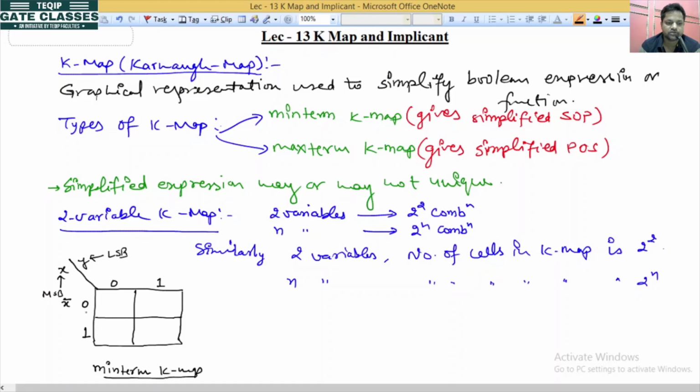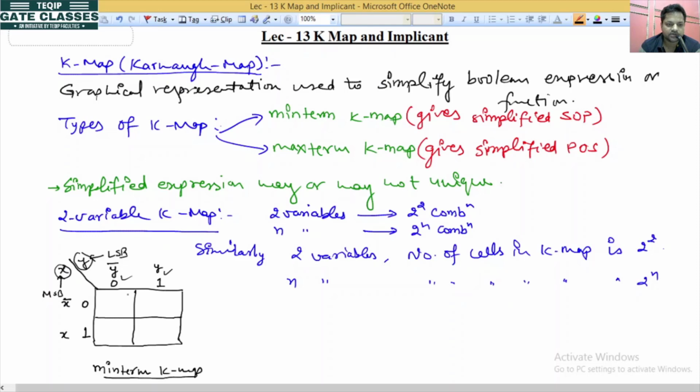These codes denote this variable only, and these codes denote this variable. In minterm, if the value of a variable is 0, then we represent it in complemented form. If it is 1, then we represent it in normal form. Similarly here also, so it will be y bar, this is y.